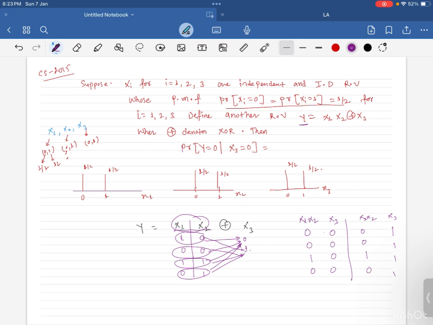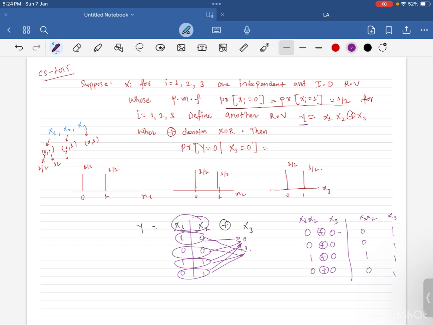You see that what we have been asked here is the probability that y is equal to 0 given x3 is equal to 0. So given x3 is equal to 0, these are the possible values that y can take. We can calculate this using the XOR operation between these two.